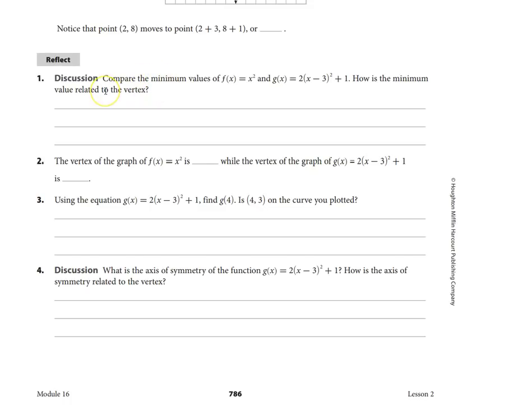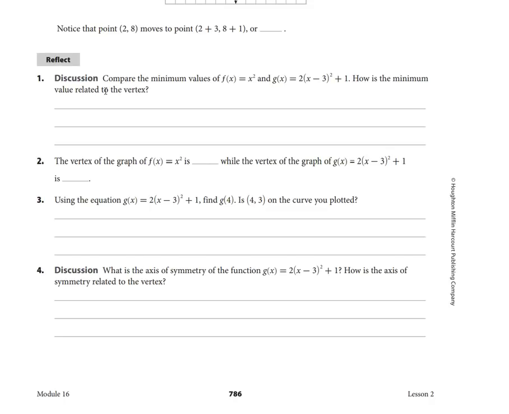Well, the location of the minimum is going to occur at the vertex. So the vertex of that last function was 3, 1, and that minimum is actually the y value of that point, 1.